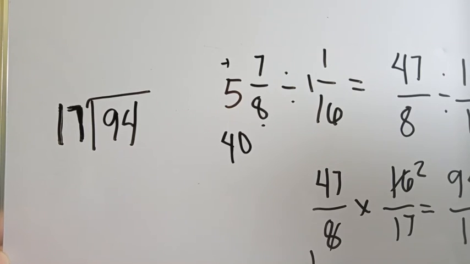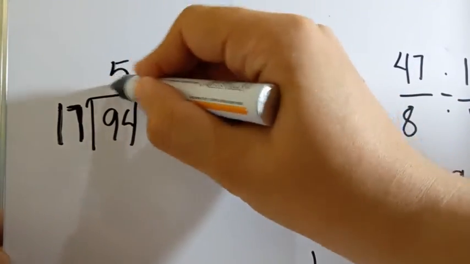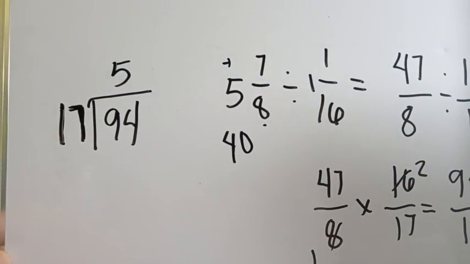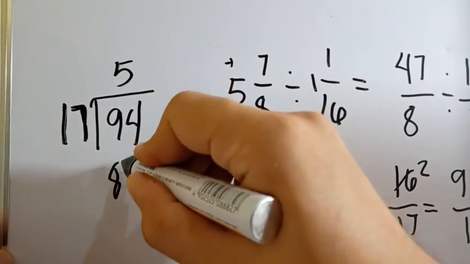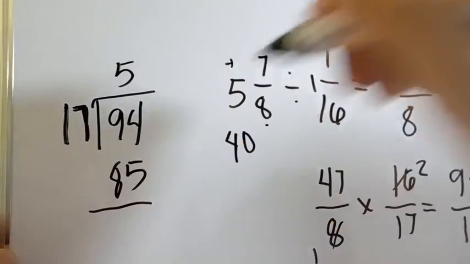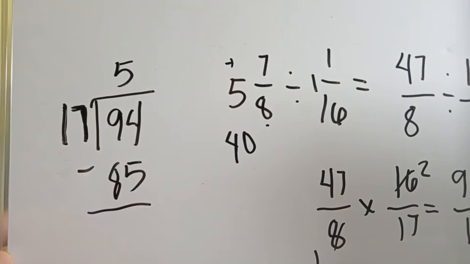The answer is 5. So 17 times 5 will be 85. And we're going to subtract it. So we have 94 minus 85, the answer is 9.